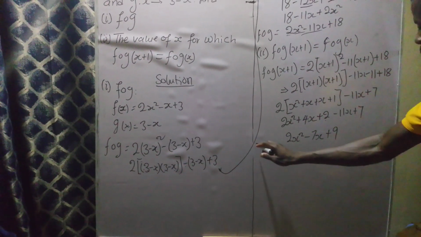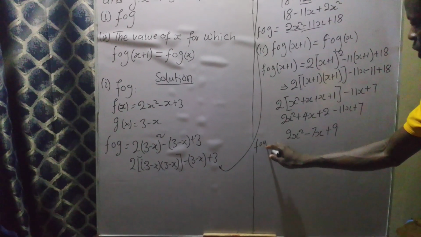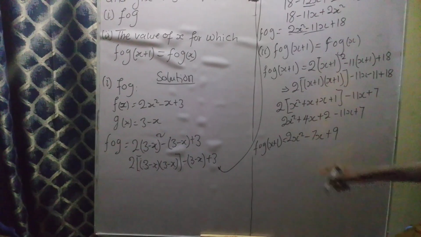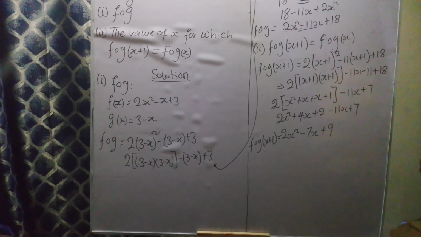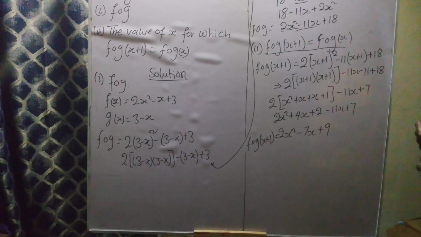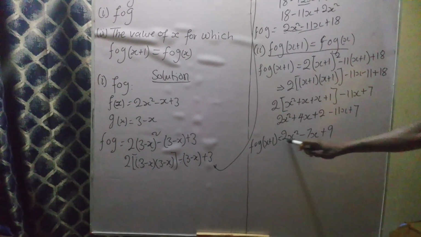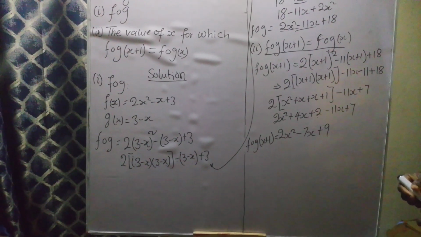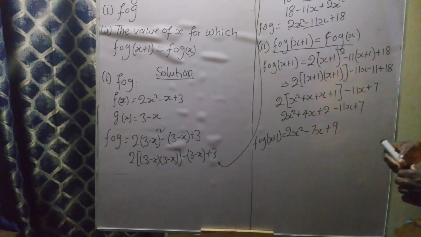Therefore f of g of x plus 1 is equal to this. But the question is demanding that this equals f of g of x, so we equate this solution to that solution and solve for the value of x.